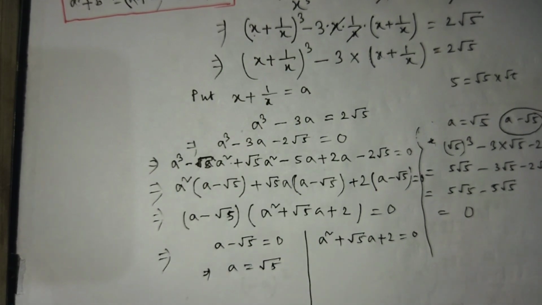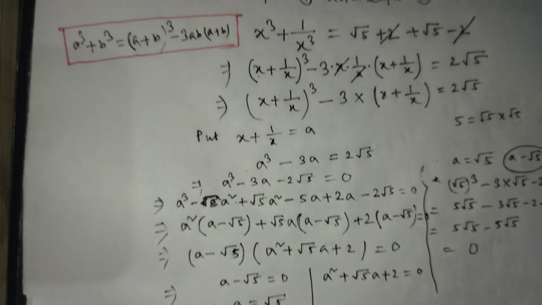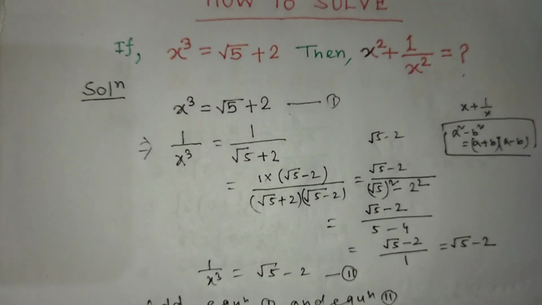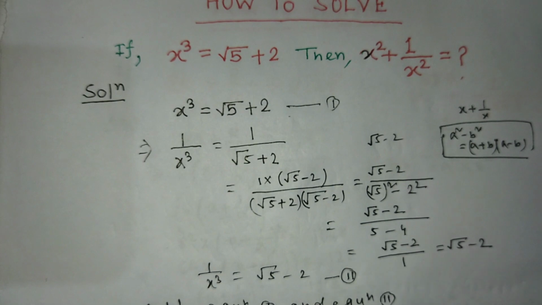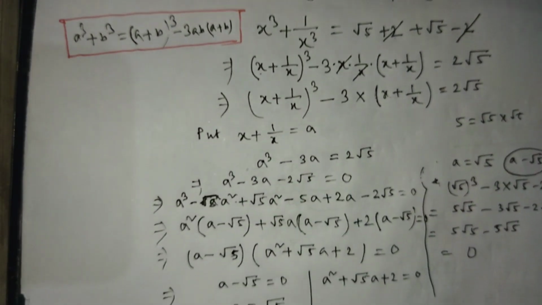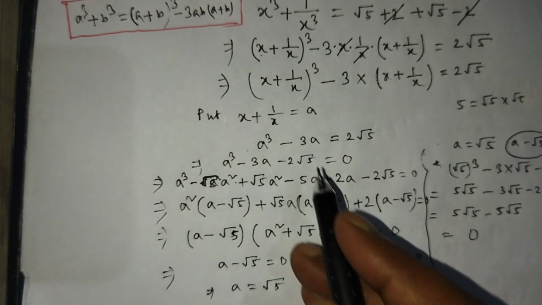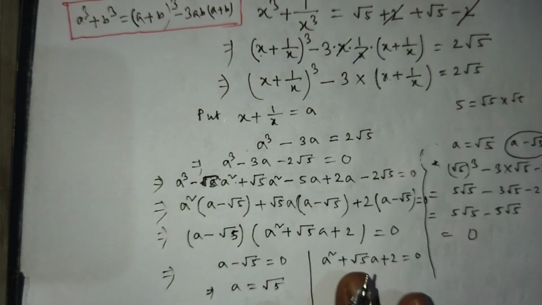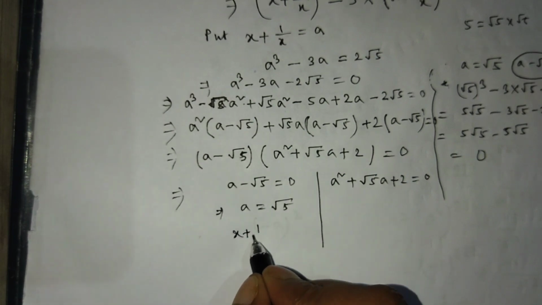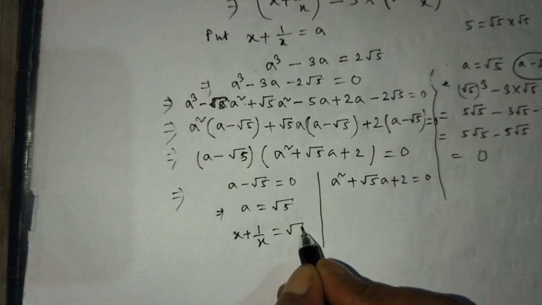Okay student. But we have to find the value of x square plus 1 by x square. That's why we have to again put the value of a in this equation. Okay, so the value of a is x plus 1 by x. So we have to write x plus 1 by x is equal to root 5.